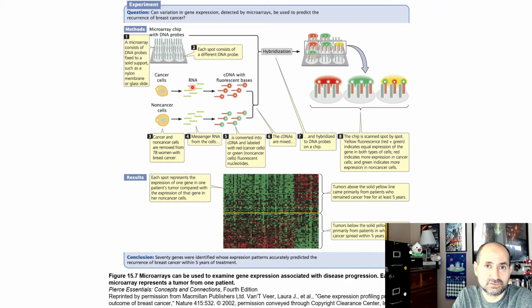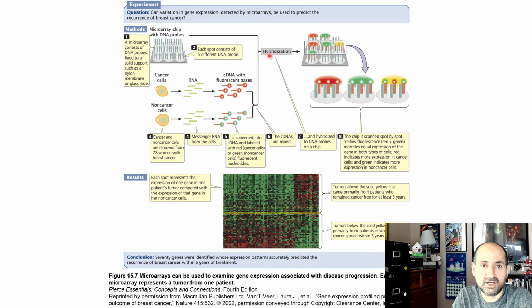Remember the enzyme reverse transcriptase, reverse transcribing the RNA to DNA, called cDNA, and this cDNA has a red fluorophore, red fluorescence. You do the same thing with normal cells, non-cancer, healthy cells. You crack them open, get the mRNA out, reverse transcribe that to cDNA, but this time with a green fluorophore, green fluorescence.